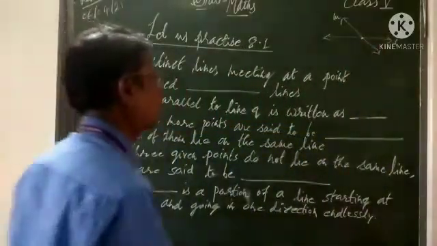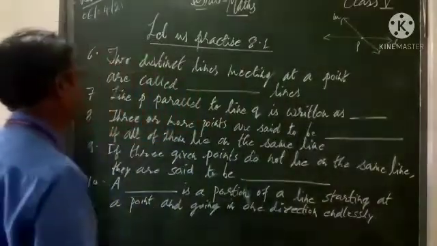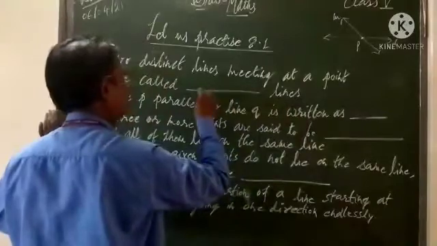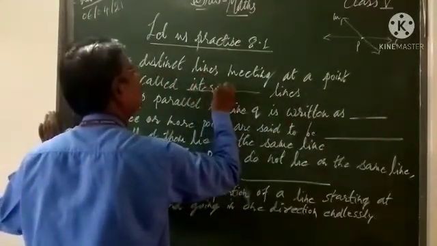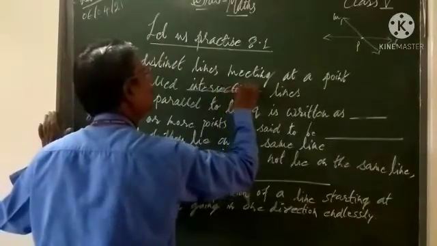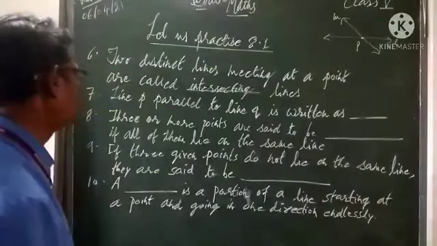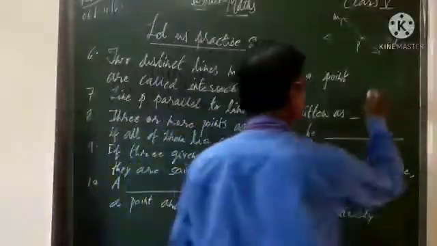For example, I put here point P. Now this point P is called the point of intersection. 2 distinct lines meeting at a point are called intersecting lines. Spelling: I-N-T-E-R-S-E-C-T-I-N-G, intersecting line. Understood?